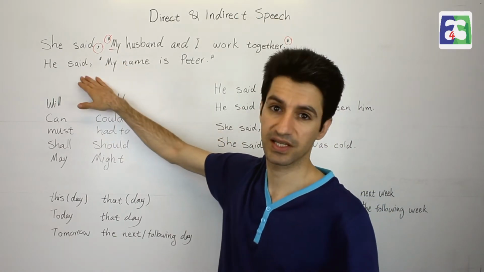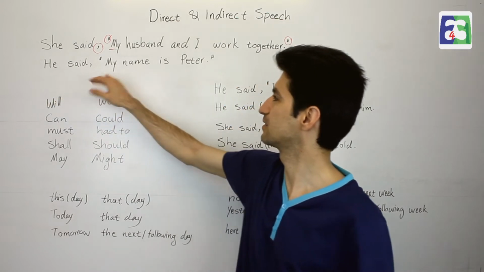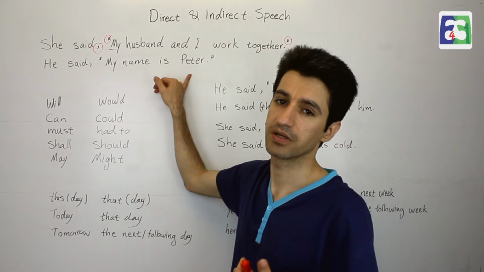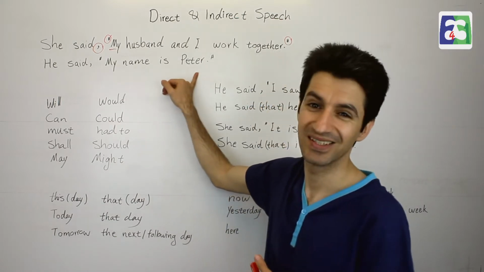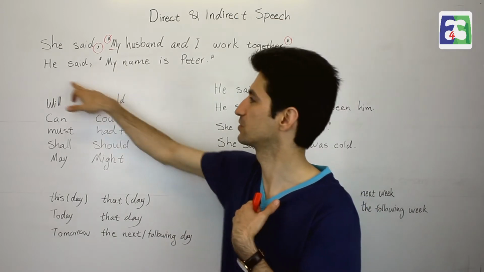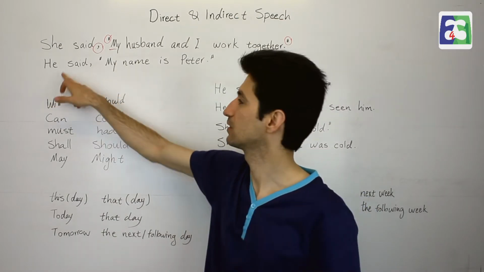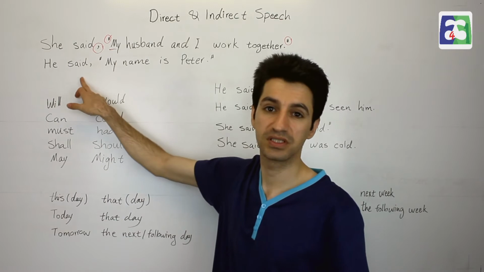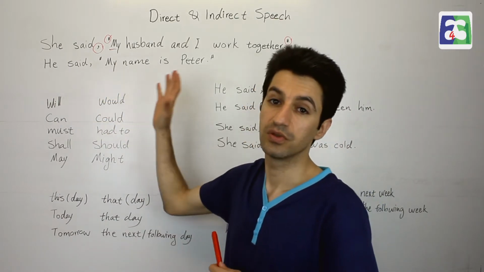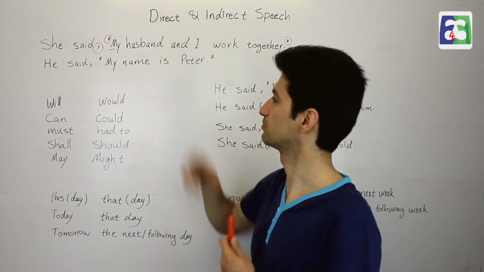Alright, let's look at the second one. He said, my name is Peter. That's not my name is Arad. So this is clearly not my name, so this my doesn't belong to me, it belongs to this person. How do we know that? We say, he said, because it appears after said. In this case, I just need to be careful with these things in writing.